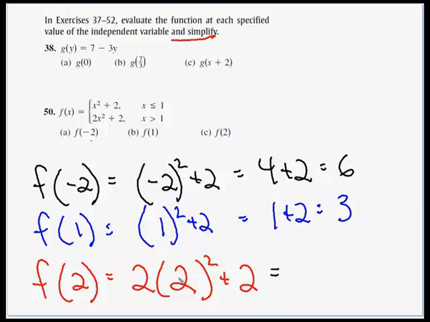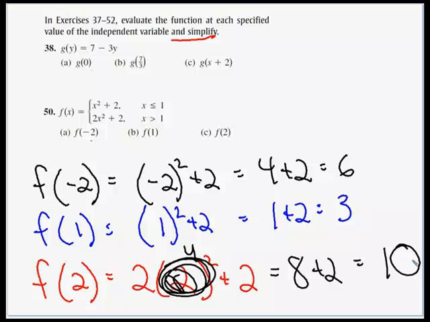Do we square the 2 first, or do we multiply the 2 times 2 and then square that result? Remember order of operations, grouping symbols, parentheses first, and then next would be exponents. So we definitely want to do the 2 squared. This 2 squared turns into a 4. 2 times 4 is 8 plus 2, and 8 plus 2 is 10.